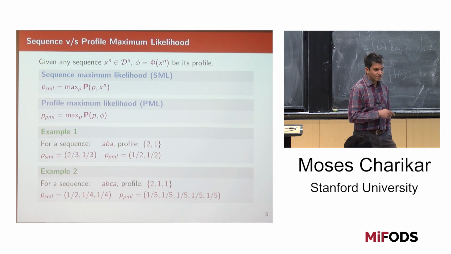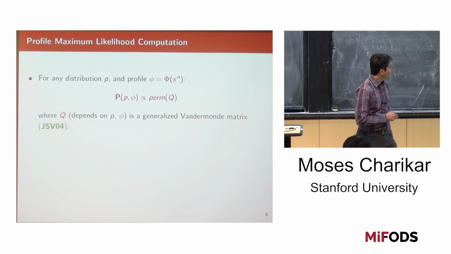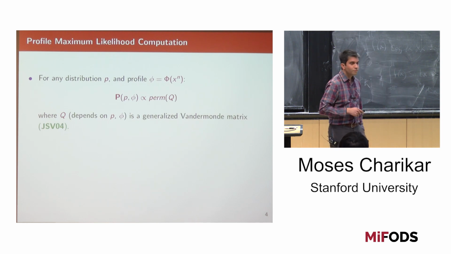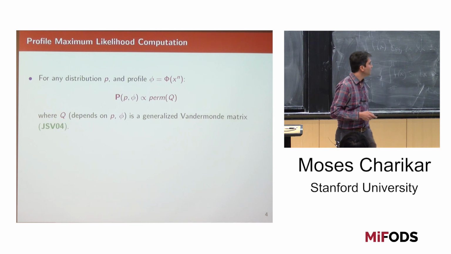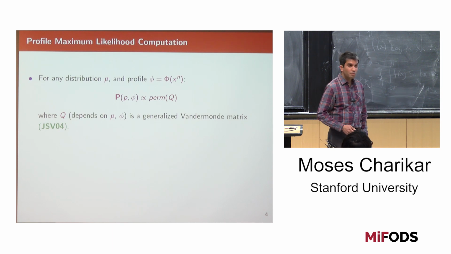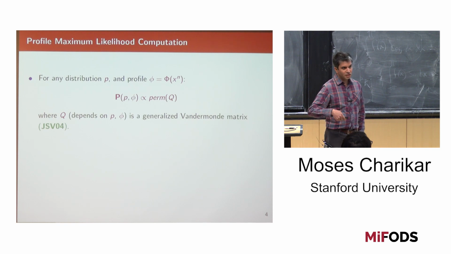Yeah. So people have studied these things. Maybe I'll say a little bit about it. I'm not going to say that much, but let me say one thing that's relevant for our talk, and we'll come back to this in a second. If you look at the profile maximum likelihood for a given probability distribution P: if I give you a distribution P on the domain, and I give you a profile phi, what's the probability that when I draw from P, I see a sequence whose profile is phi?